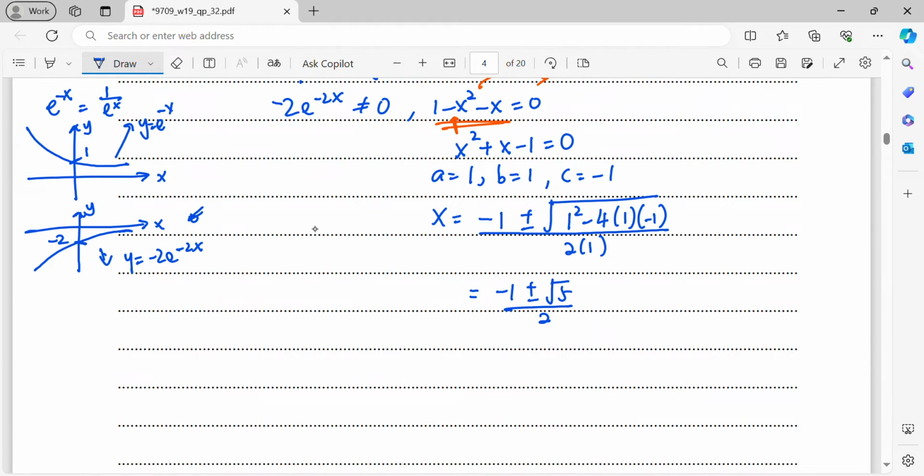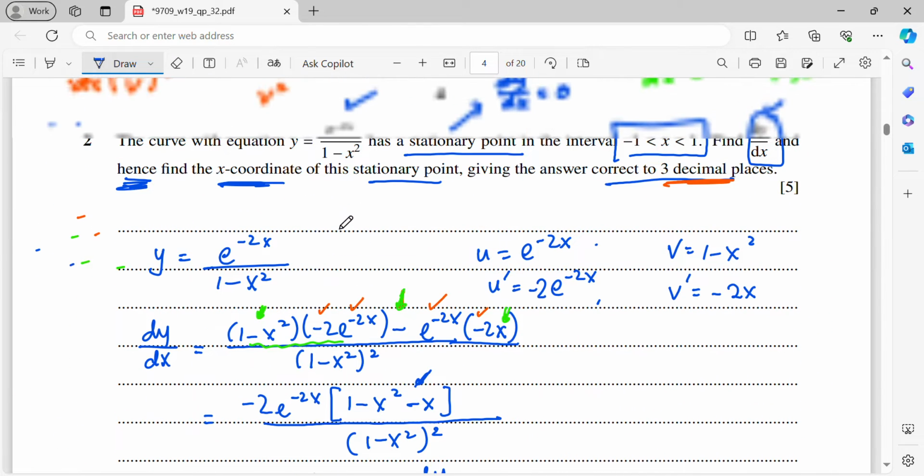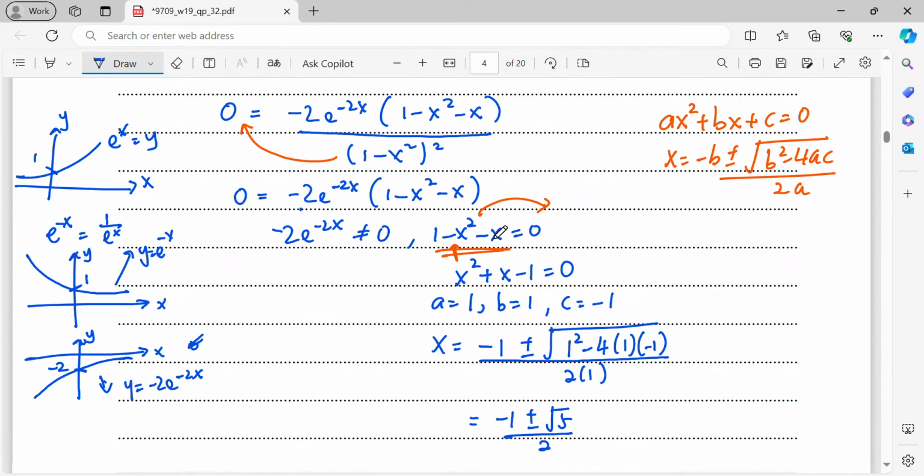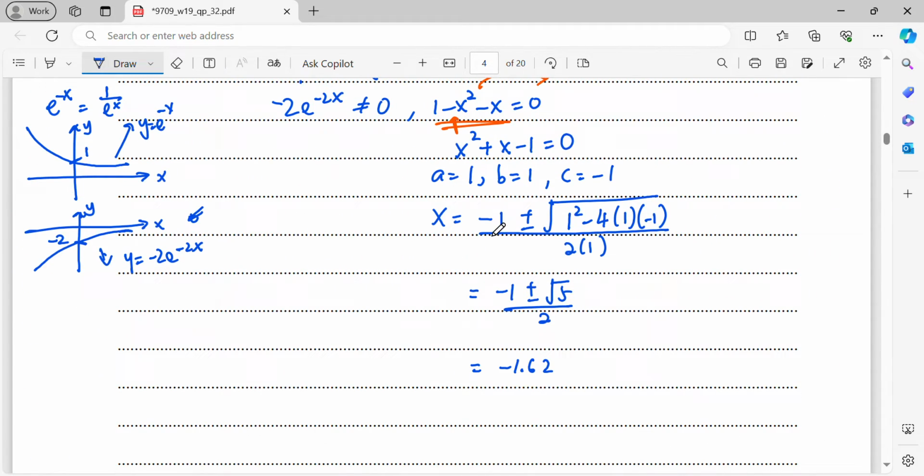When you calculate using the minus first, minus 1 minus square root 5 over 2, you will get negative 1.618, to 3 decimal places. And the other one, when you use the plus, it will be 0.618.